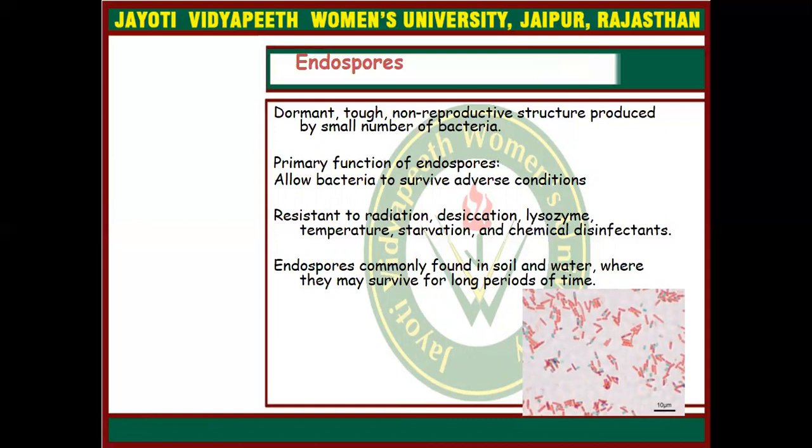The primary function of the endospore is to allow the bacteria to survive in adverse conditions, such as starvation, where the bacteria have no food to survive, and desiccation, which means drying.